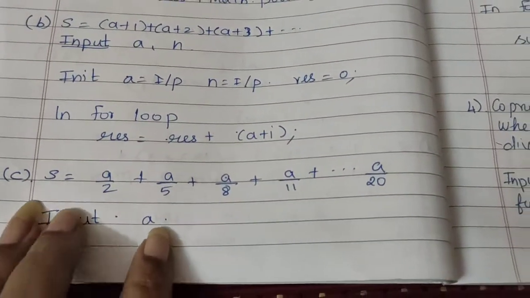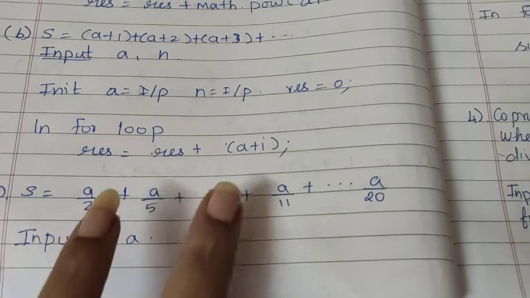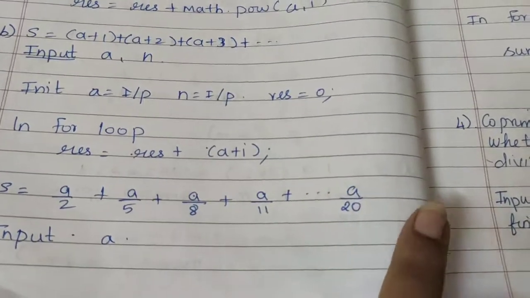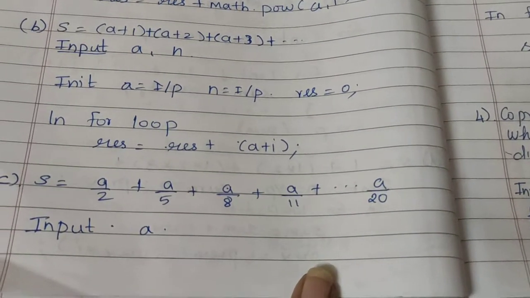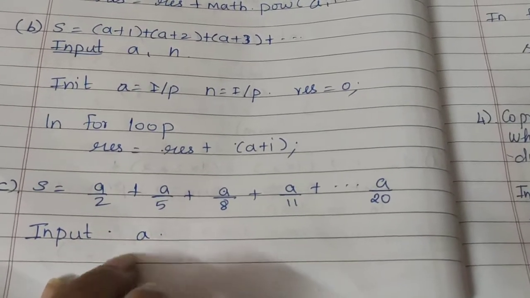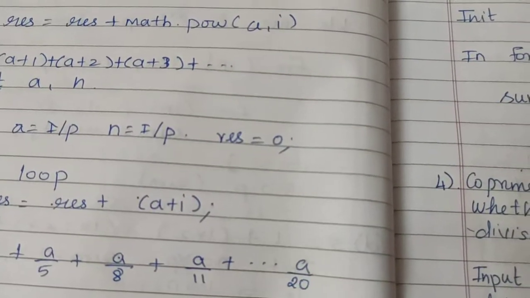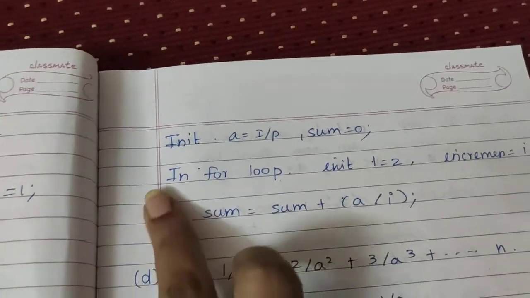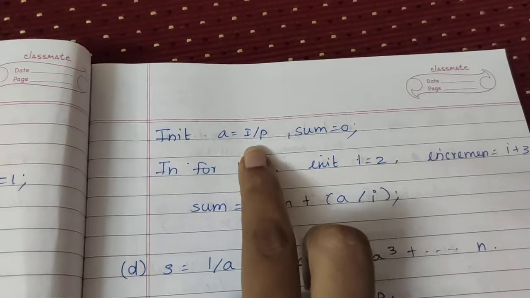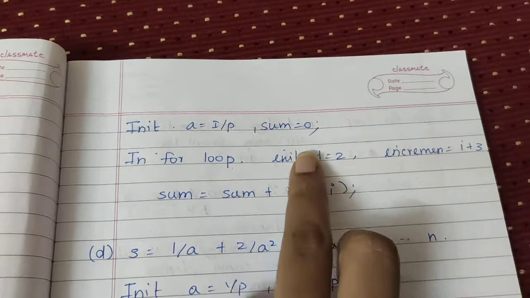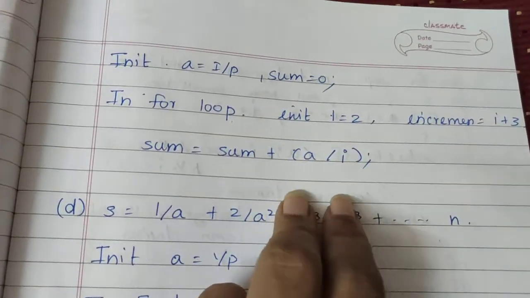Then the next series is S = A/2 + A/5 + A/8 + A/11, like that going up to A/20. So we take A as input. Here they have already given the number 20, so we initialize it with 20, and we initialize sum to 0.